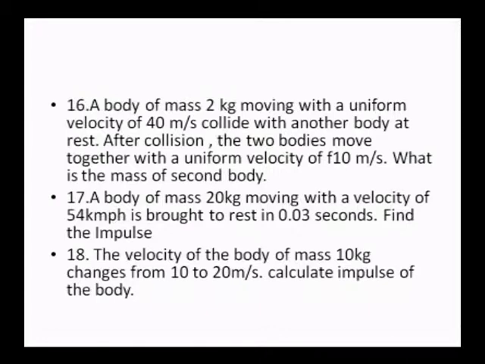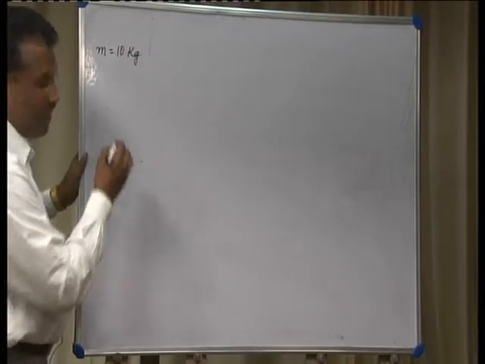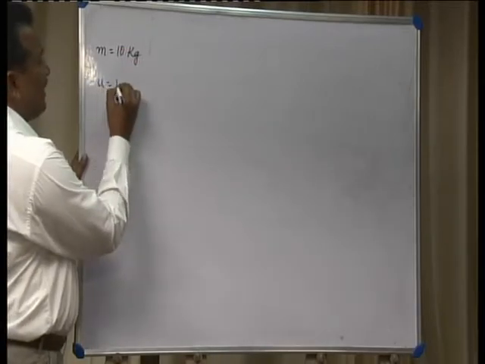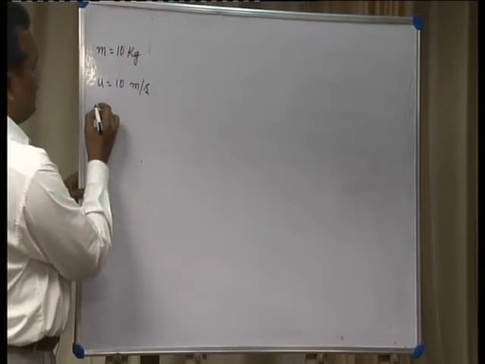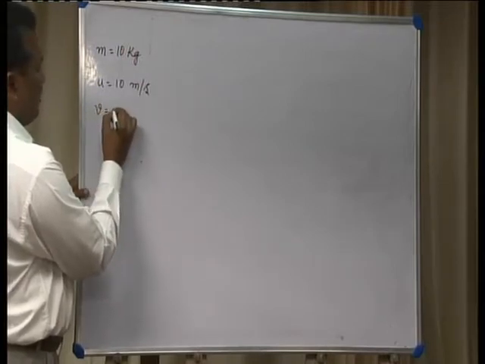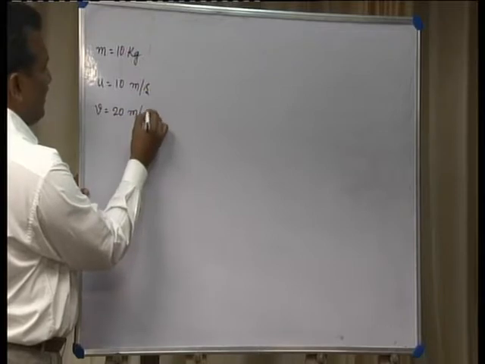There is a body whose mass is 10 kg, m is equal to 10 kg, which changes its velocity from 10 meter per second to 20 meter per second. So the initial velocity is 10 meter per second and the final velocity is 20 meter per second.